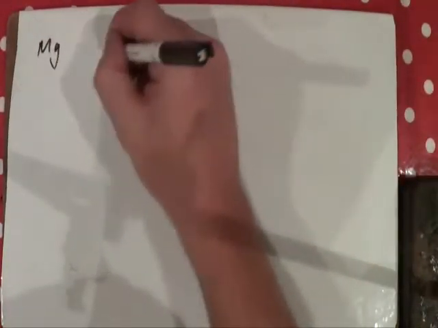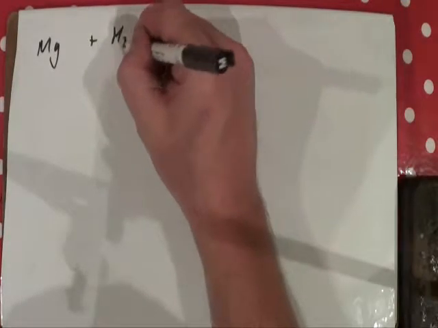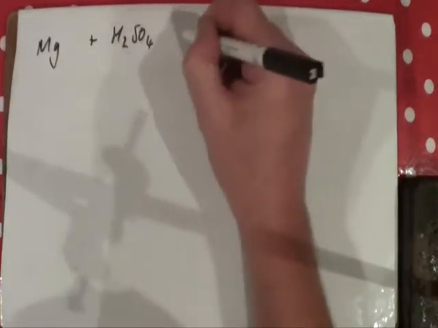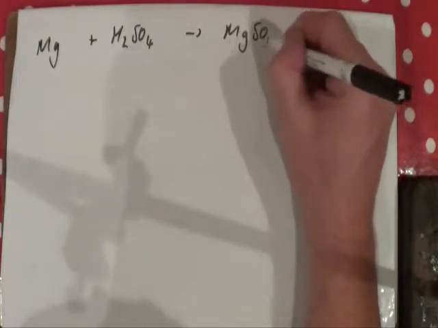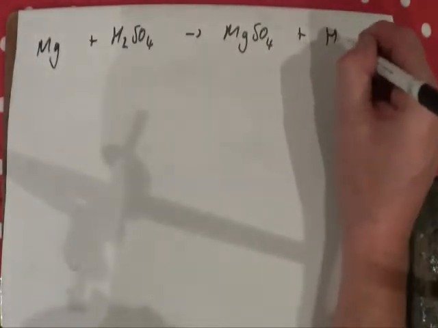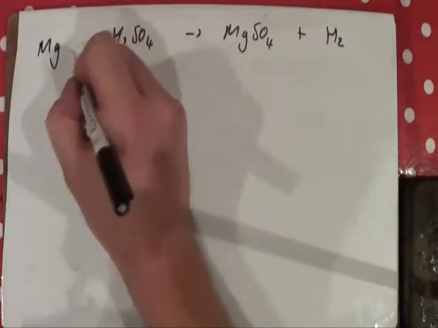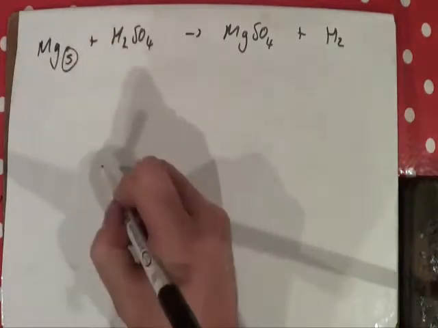Okay, right, let's have a look this time at magnesium metal plus sulfuric acid gives me magnesium sulfate plus hydrogen gas. Right, well, magnesium is a pure metal, so it must be solid.